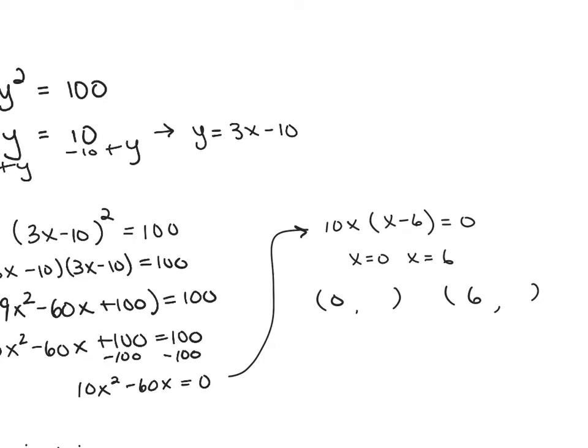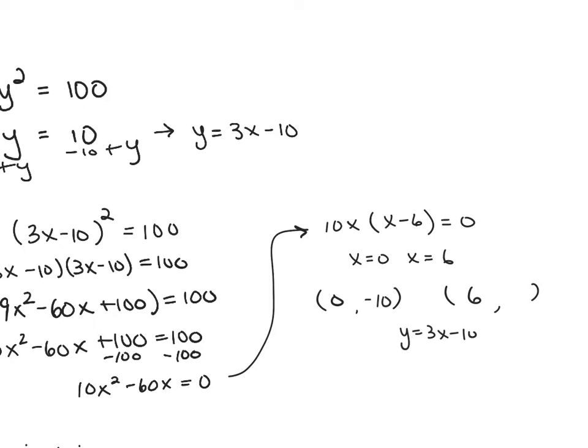So we can go back to this equation where we had solved for y, 3x minus 10. So y equals 3x minus 10, and we substitute in now the x value that we have just solved for. So if x equals 0, then 3 times 0 here is 0. 0 minus 10 is negative 10.